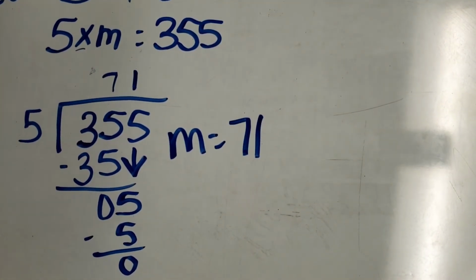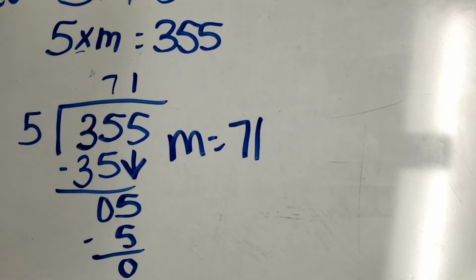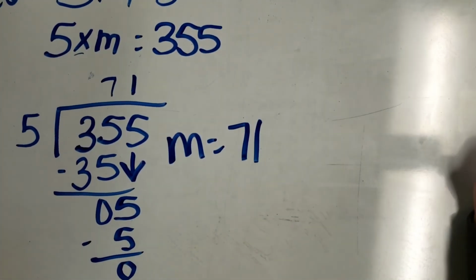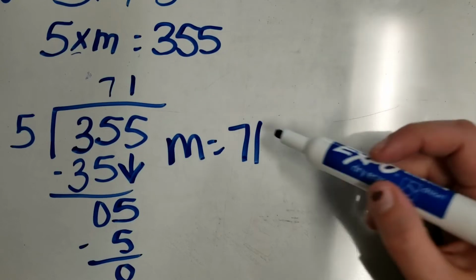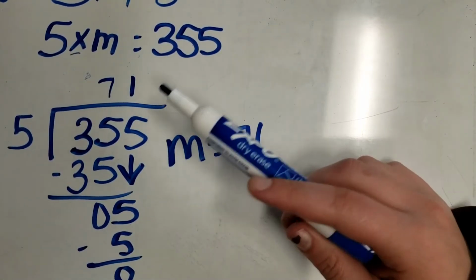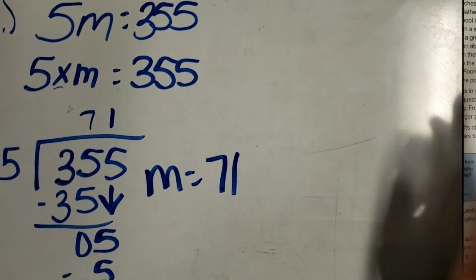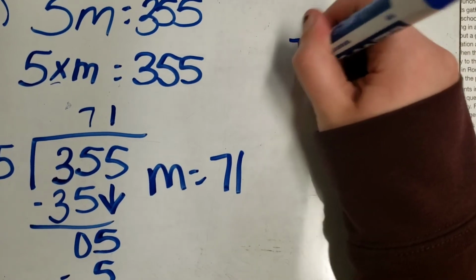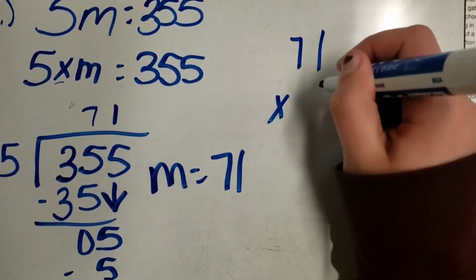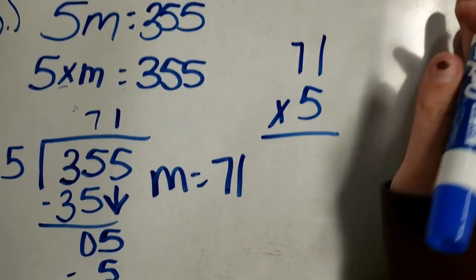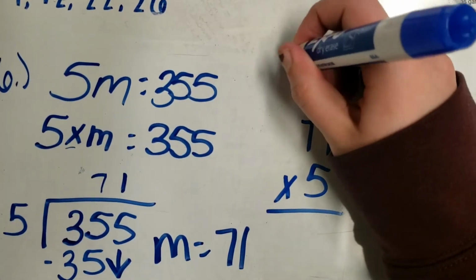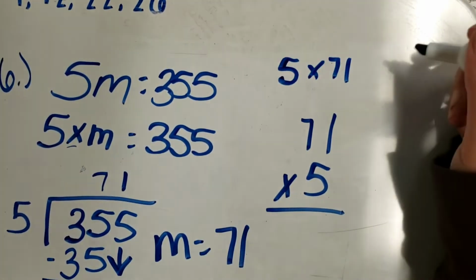Now, hey, maybe I did my math wrong. Maybe I sang that song wrong, didn't count on my fingers right. How do we check to see if we got the answer right? Well, we plug it back in, same as we did before with adding and subtracting. So we're going to do 71 times 5, because that would be 5 times 71. Same thing.